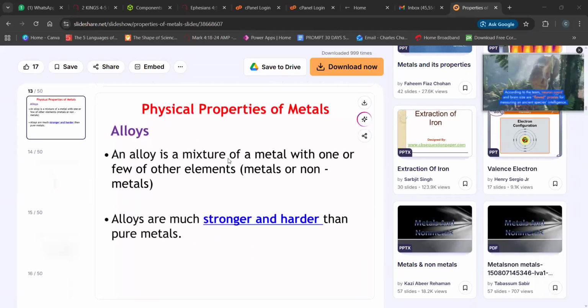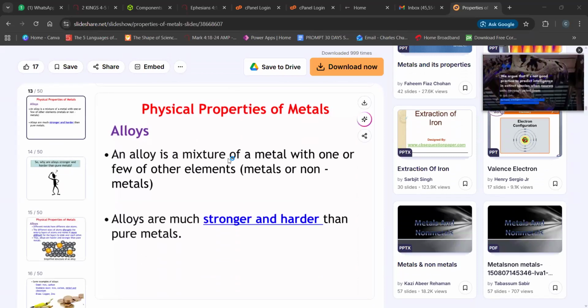Let's look at another concept that is facilitated by the physical properties of metals. We have the possibility of a mixture of a metal with another one.